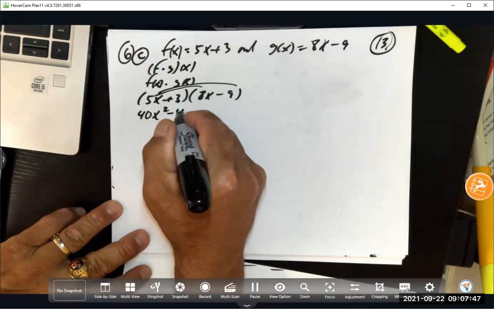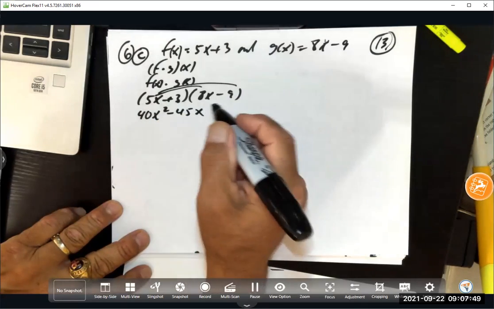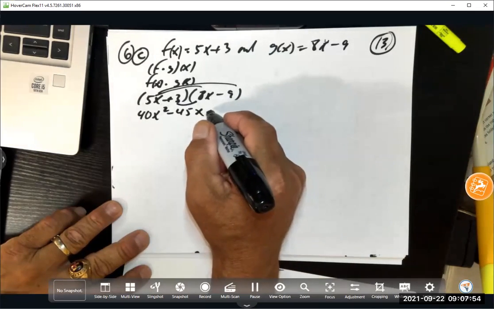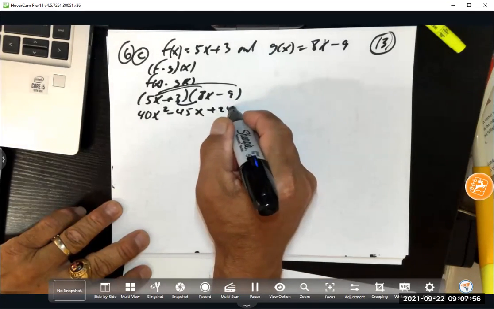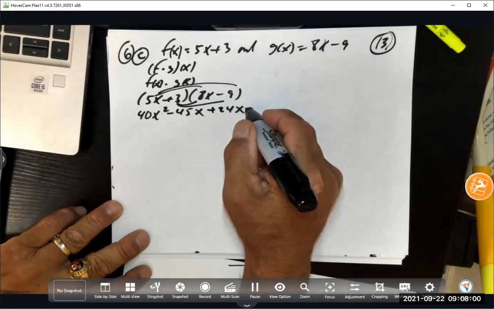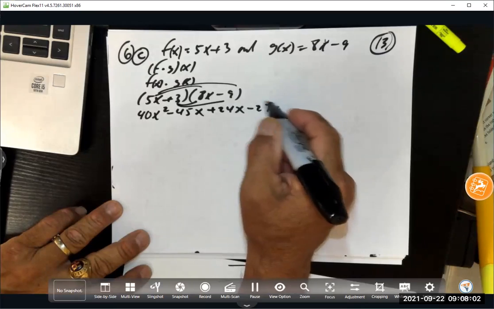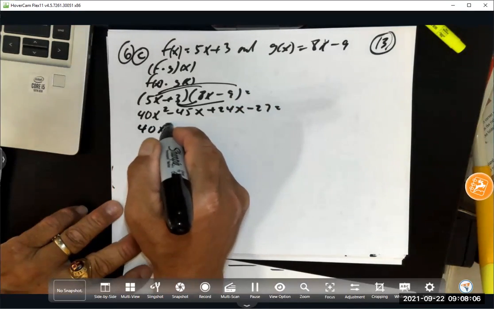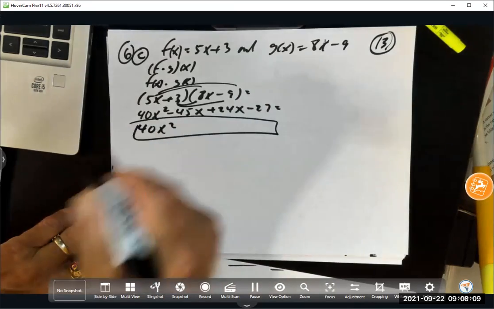And what's 3 times 8x? 24x. Yes. And what's 3 times negative 9? Negative 27. So if I put these numbers together, I have 40x squared. What else goes in my box?